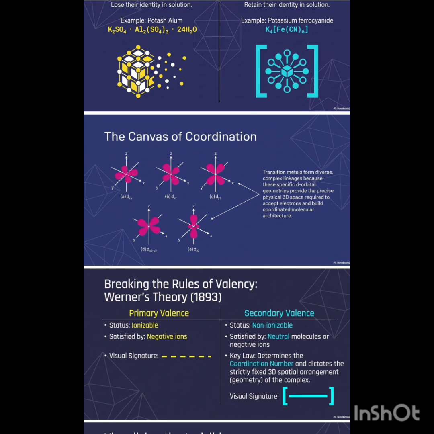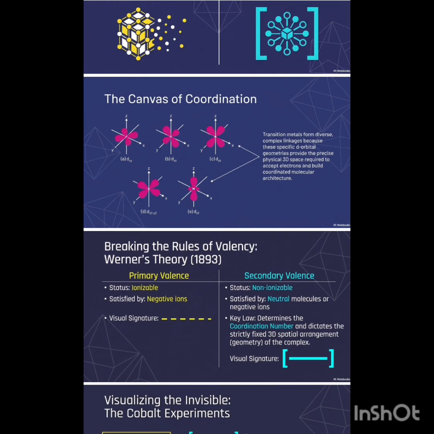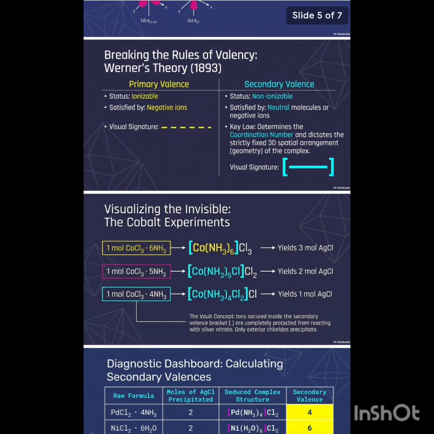Coordination compounds also have a lot of various shapes. The scientist Werner gave the theory for coordination compounds. Here there are two different valencies: primary valency and secondary valency. Primary valency is ionizable, satisfied by negative ions.